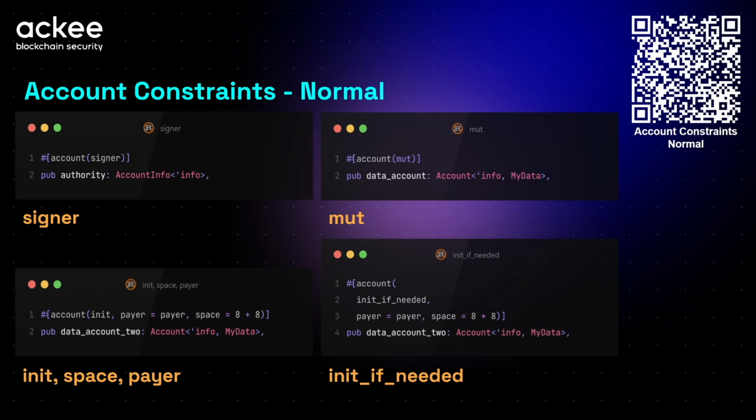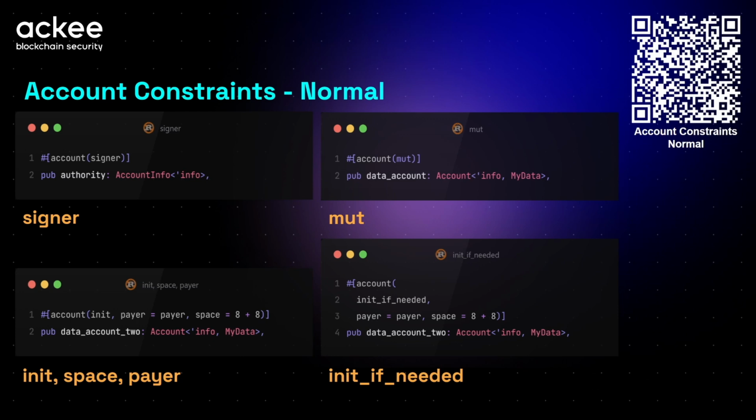Reminder, there is also the QR code to the documentation of these constraints, so you might find it helpful in the future during the development process or during an audit, if you would like to check the exact meaning of the constraints. So let's quickly go through them. Firstly, signer. This checks that the account actually signed the transaction. It is similar to the signer type, and I would say the signer type is more common.